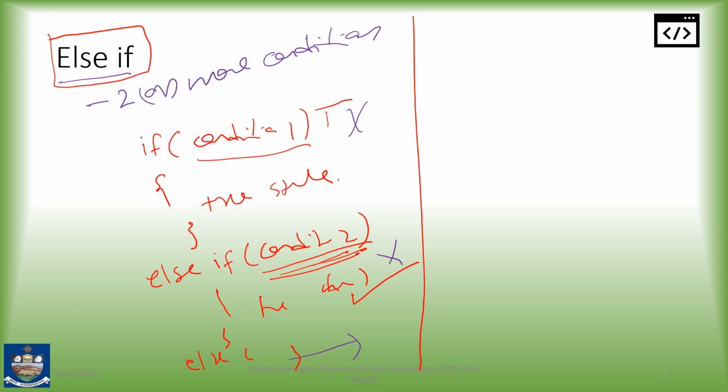So what may be the example program? If a equal to 4, printf a value. If a is other than 4, what do we need to do?